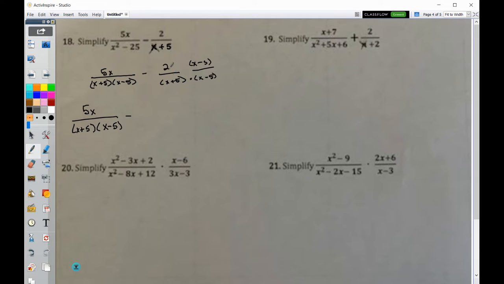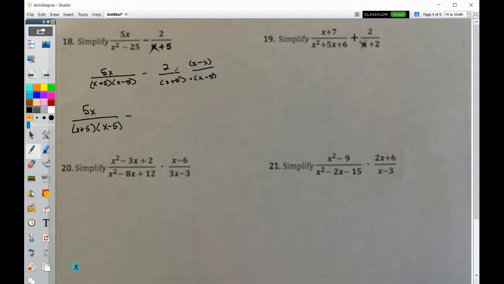minus, okay? Now, be very careful here. There are a couple of different ways you could do this. I'm going to tell you how I would do it. Treat this minus sign as a negative with this 2, negative 2. This negative 2 is going to be distributed into this.